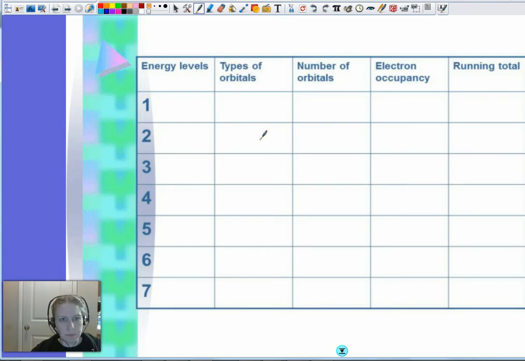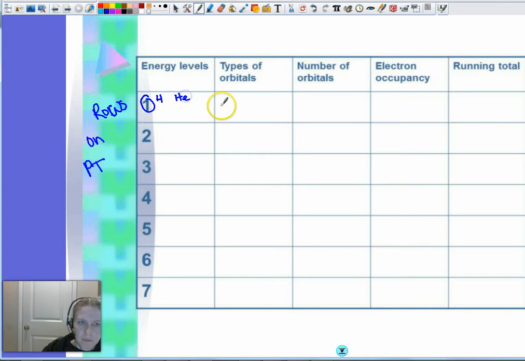So here we're going to fill in the information that's missing, which in this case is quite a bit. We're going to look at the energy levels. So we're going through all 7 that we know about. And remember, these are equivalent to the rows on the periodic table. So row number 1, remember that's just hydrogen and helium.